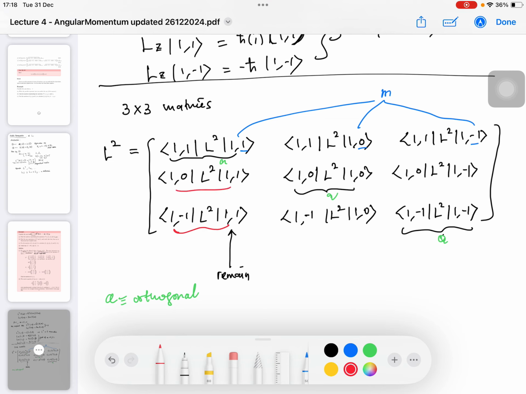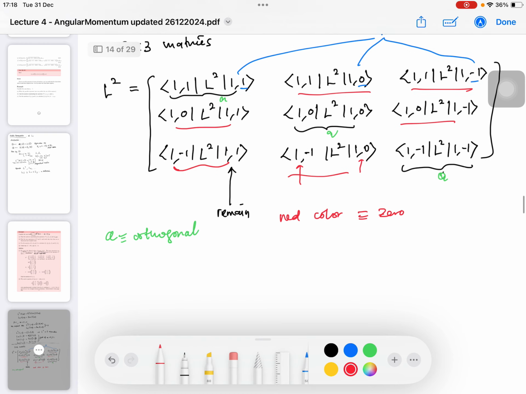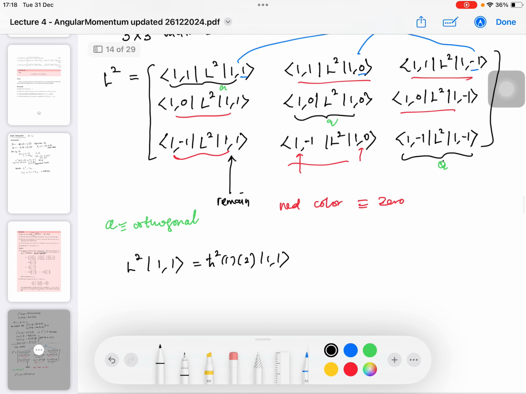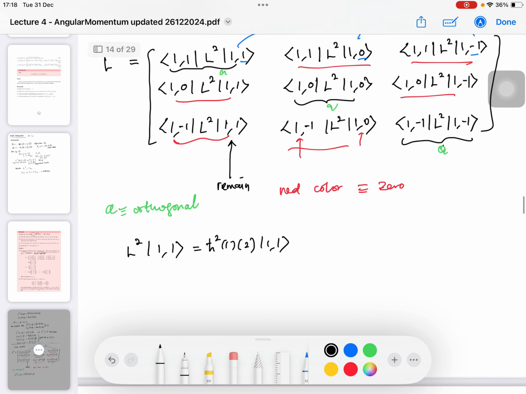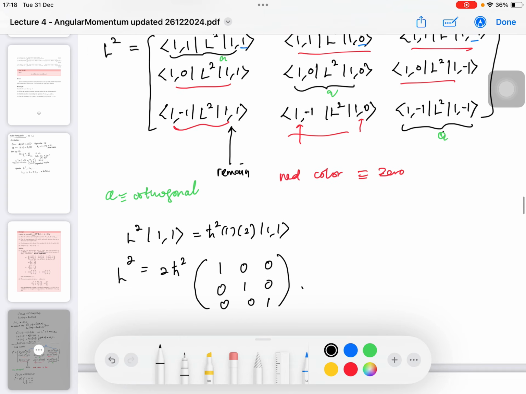All the red color entries will give you 0 because the states are different. So what do you do with this? You know that for 1, 1, this just gives you h bar square times 2, times 1, 1, and it remains the same for all the diagonal entries. So your L square is none other than 2 h bar square multiplied with the matrix 1 0 0, 0 1 0, 0 0 1.